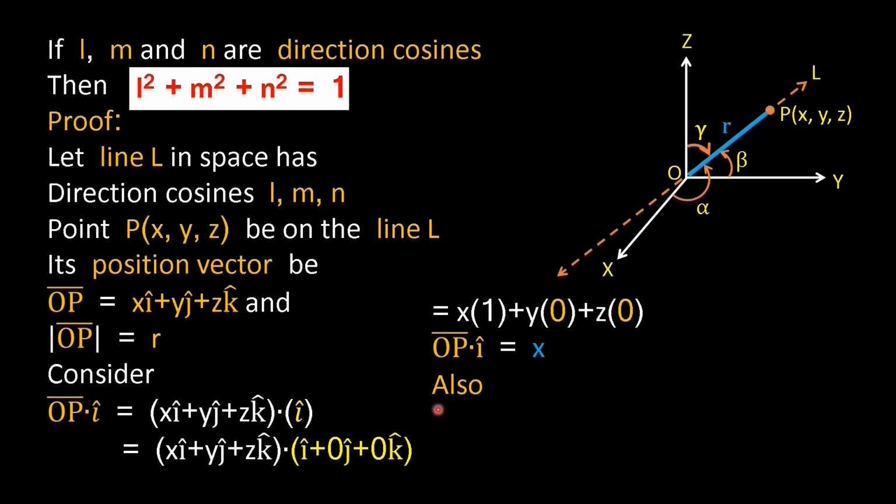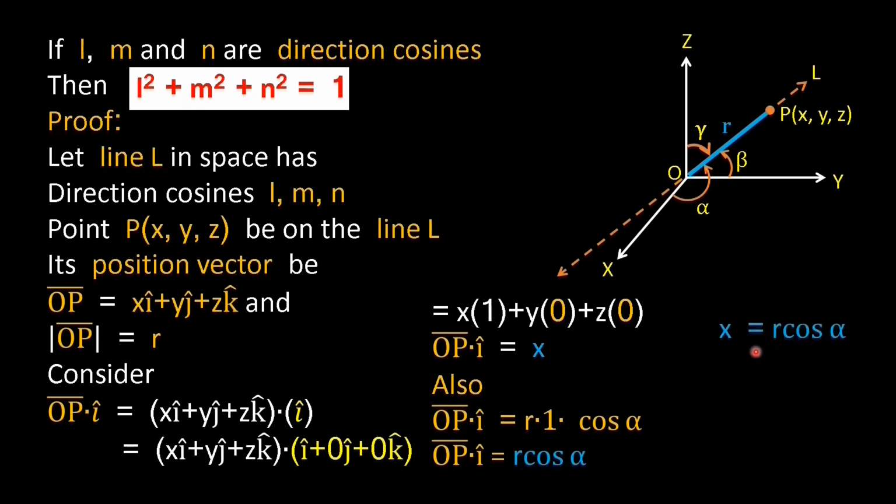Also, by the definition of dot product, we have OP bar dot i cap equals r, which is the magnitude of OP bar, and 1, which is the magnitude of the unit vector i cap, cos alpha. Therefore, we get OP bar dot i cap equals r cos alpha. Therefore, we write x equals r cos alpha.